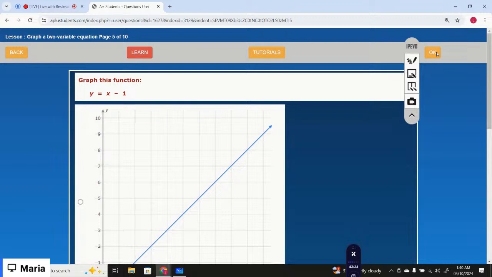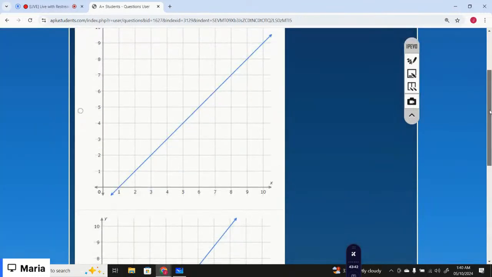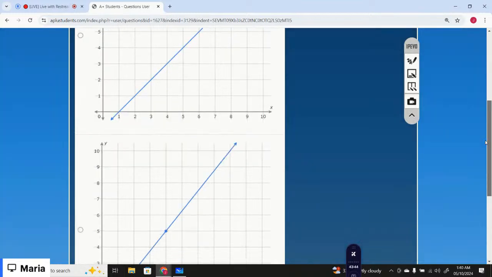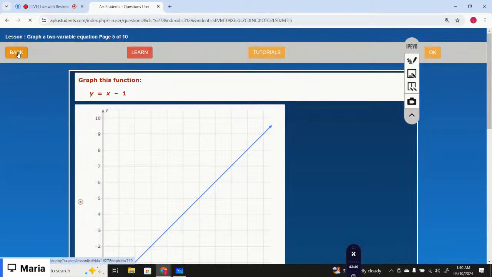So which is the correct option? Option number 1 is the correct option. Okay, you can complete the lesson by yourself later today.